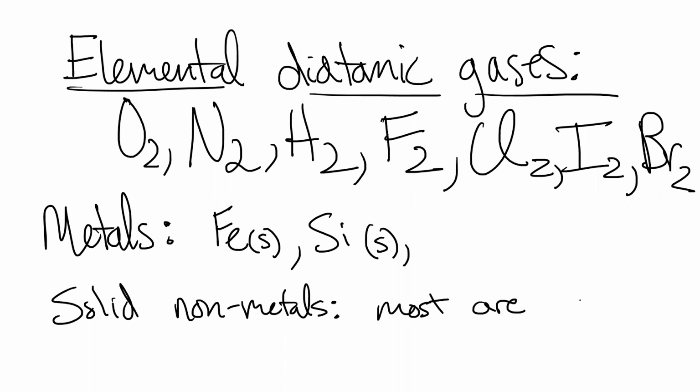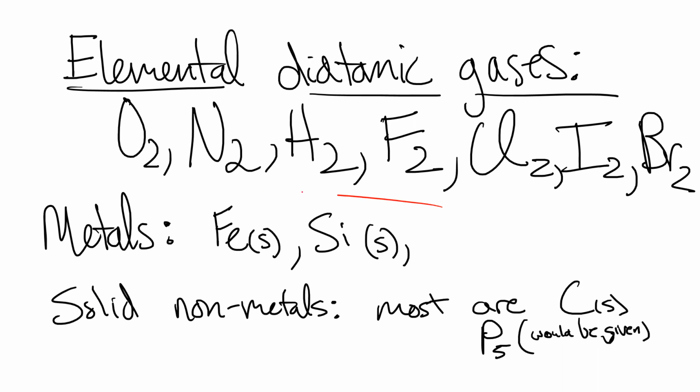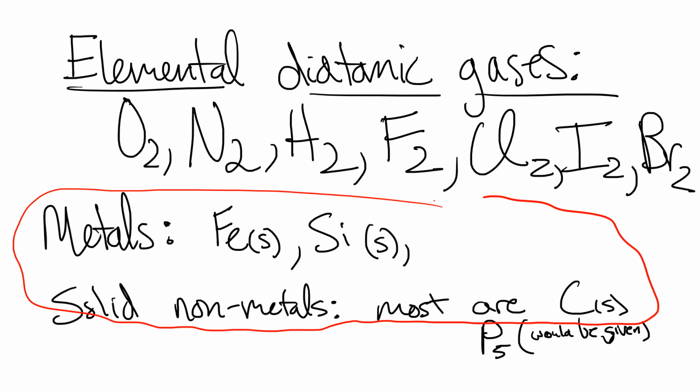Most are just things like carbon, solid. Yeah, P5 is one that will be given to you. The ones that I would expect you to know are the ones that are normal. Understand this idea and this. I'll give you the weird ones.